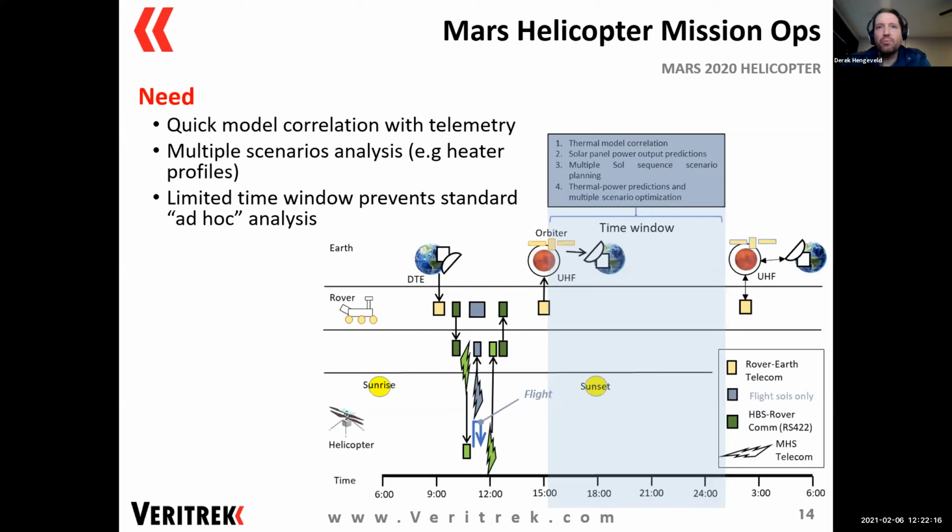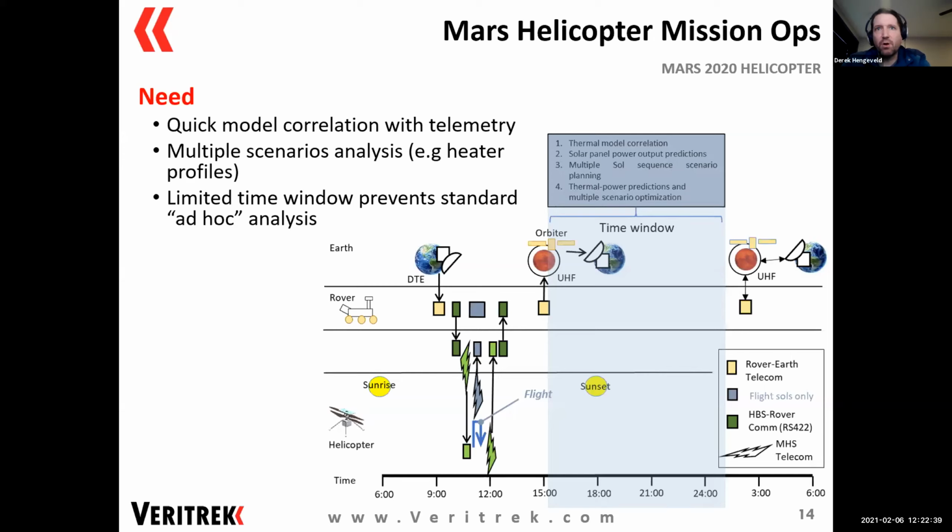The main take home here, though, is that on a daily basis, we have a very, very limited time window to get telemetry from Mars, receive that telemetry, and do something meaningful with it to plan for the next day's mission. And so there's a couple needs that JPL had. One is quick model correlation based on that telemetry.